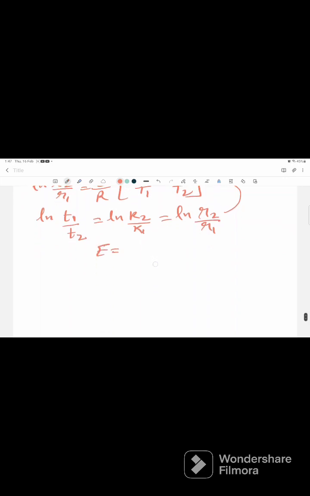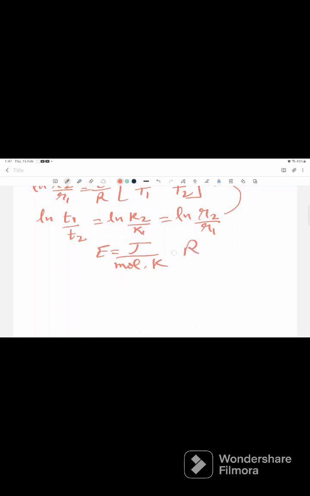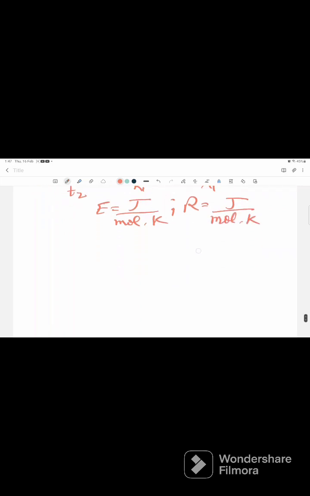E is in joule per mole. R is the universal gas constant, joule per mole Kelvin.